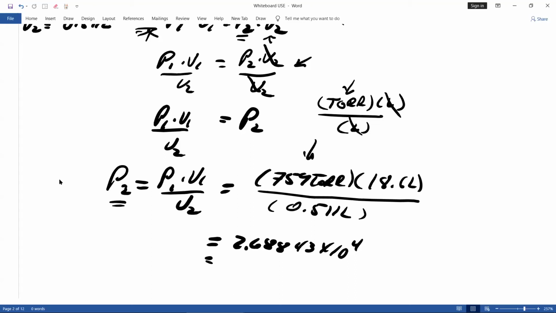I'll let you round that off to how many significant figures? Oh, he's in his rut. 3, 3, 3. So round this off to 3 significant figures. Time's up. Keep the 2, keep the 6, keep the 8.